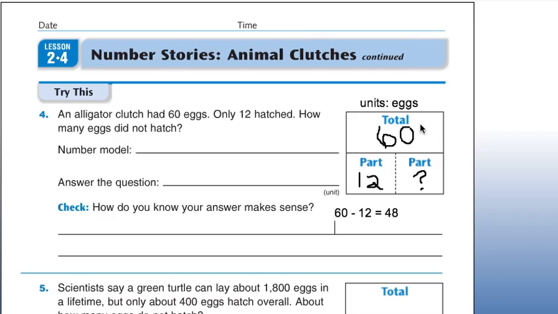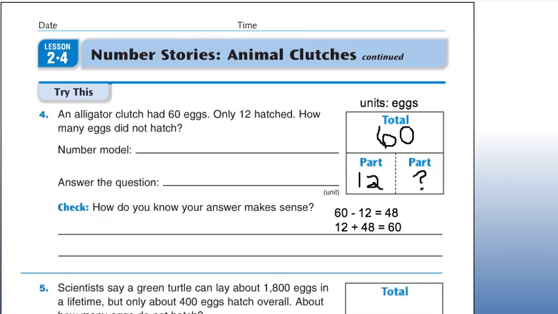Another way you could do this is you could think to yourself, 12 plus what number will get me to 60? And this could probably take some thinking in your head. I could think, well, 12 is really close to 10, and then I know 10 plus 50 would get me to 60, so it would have to be 48. So I could also do 12 plus 48 would get me to 60, okay?